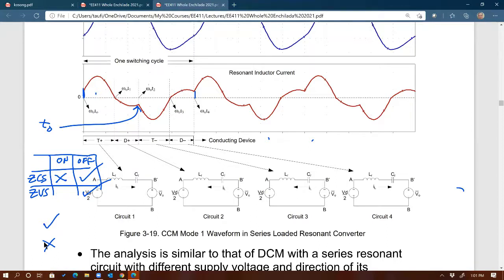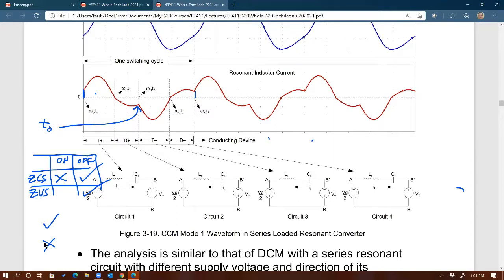Do we have a yes or a no? Yes, because D plus is conducting, we have 0 volts, and then when the switch turns on, we could still have 0 because the switch is on. Do we have a yes or a no? Yes. Do we have a yes or a no? No. Wait, why is it a no?